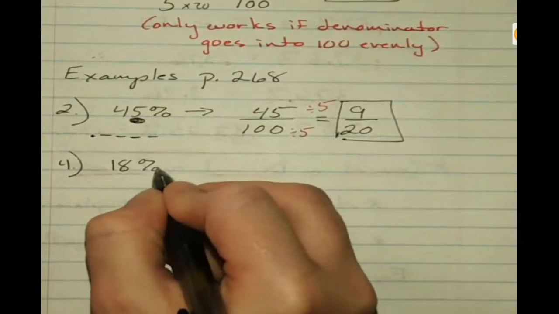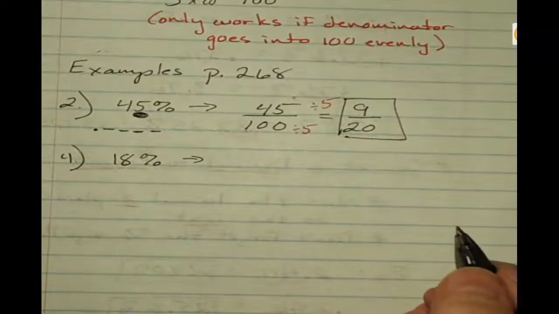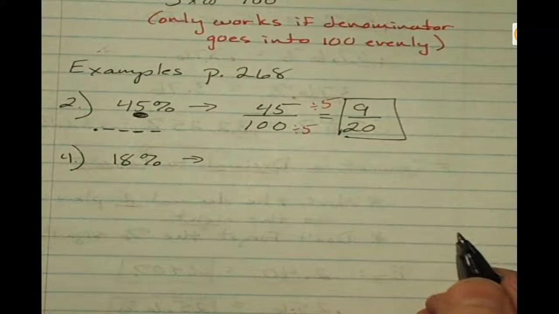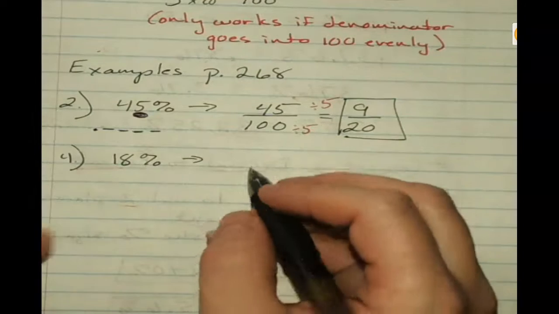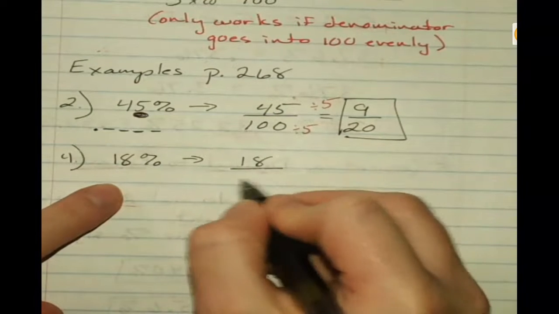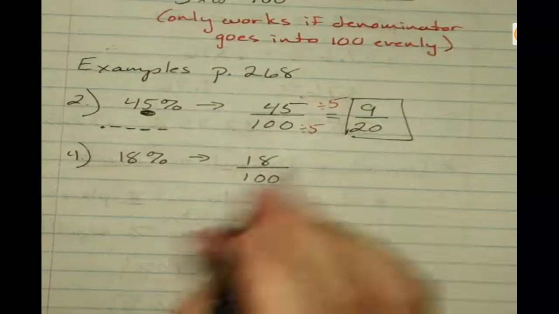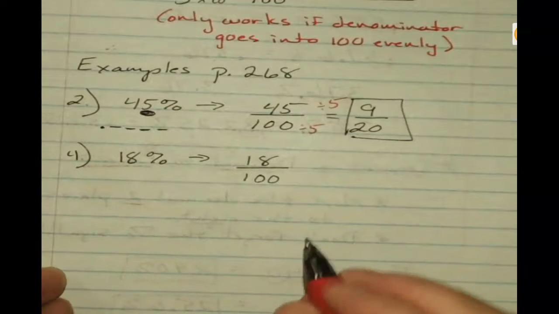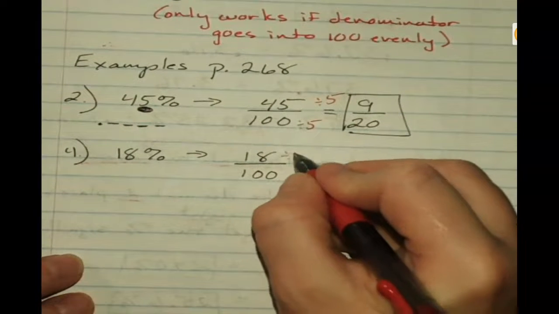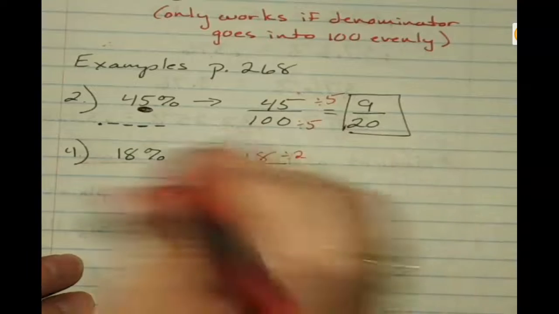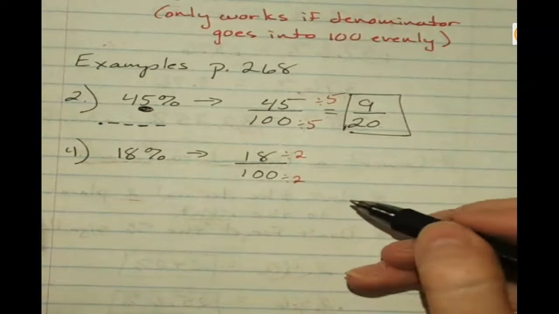18%. Tanner, how about you do this one? So 18, what do we do with this? 18 over 100. Yep. And what number can go into both? 2. I was going to say 4, but let's start with 2, just because that's safe, right?